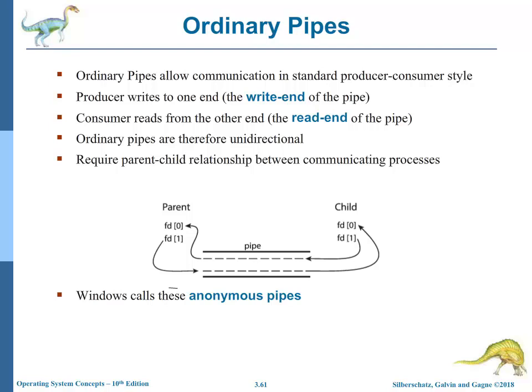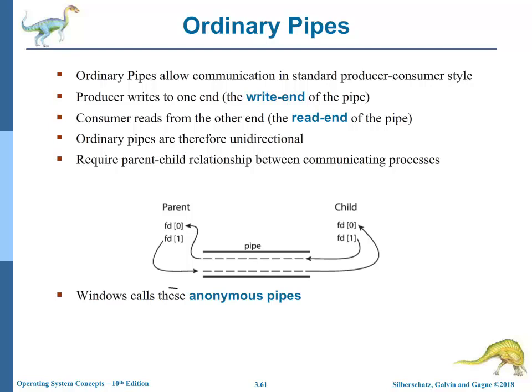Since a pipe is a special type of file, the child inherits the pipe from its parent process. This figure illustrates the relationship of the file descriptors in the fd array to the parent and the child process. So fd[0] is the read end, fd[1] is the write end. As this figure illustrates, any writes by the parent to its write end of the pipe, fd[1], can be read by the child from its read end, fd[0], of the pipe.